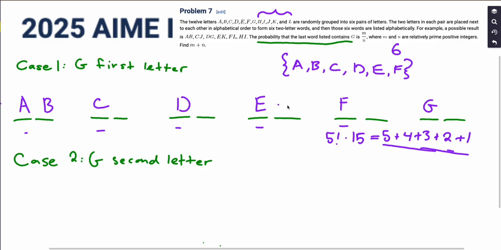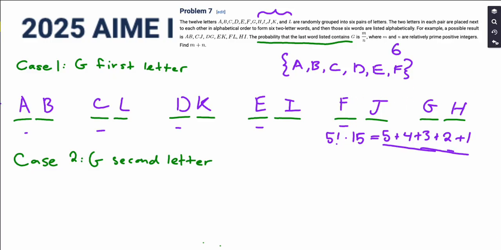So for example, in this case where we leave out B, we can choose if we want to put L here, K here, I, J, or H. And that is one of 5 factorial combinations. So that's why we do 15 times 5 factorial.